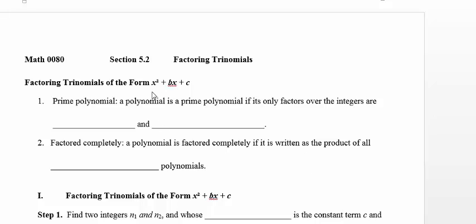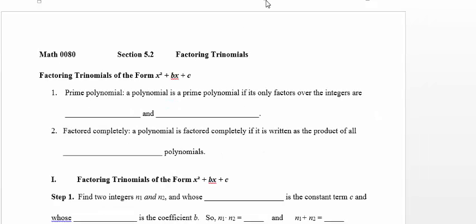Let's take a look at section 5.2 where we want to factor trinomials of the form x squared plus bx plus c. A prime polynomial is a polynomial whose only factors over the integers are one and the polynomial.